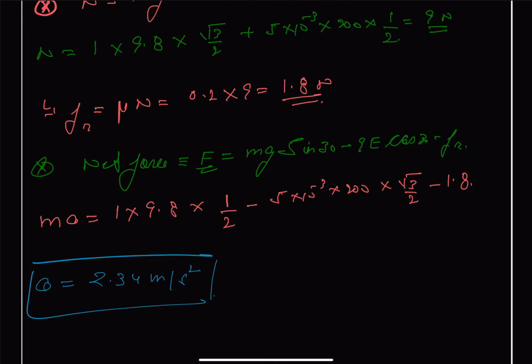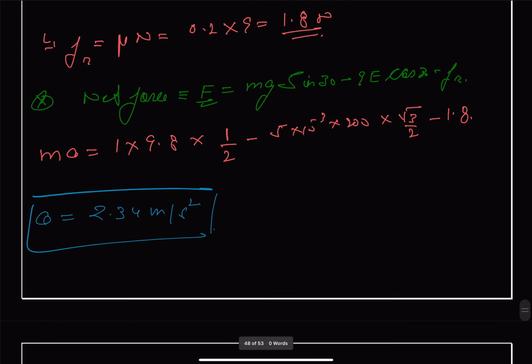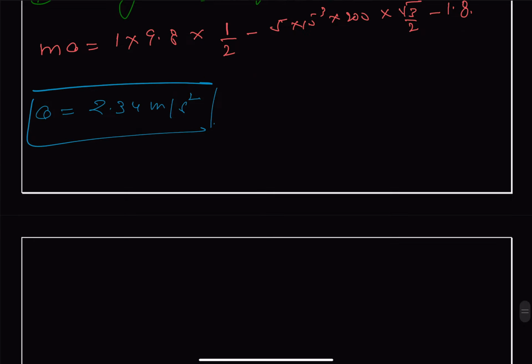And it is said, find the time taken. Okay, so it is moving down the inclined plane from a height which is given to us as h, and let us suppose it starts from this point, and the distance covered is suppose s, and this angle is 30.